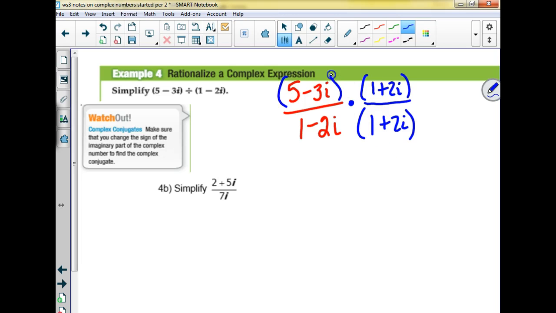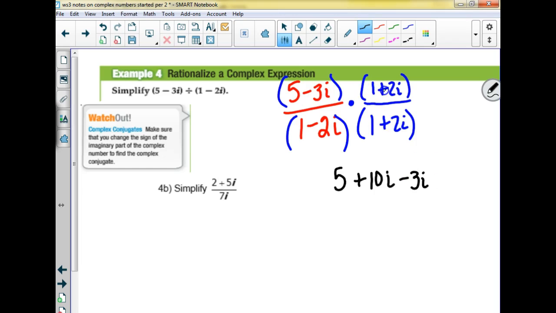All right. Now we have to do a lot of foiling. If you're really good at foiling here, 5 times, I'm doing the top, okay? 5 times 1 is 5. 5 times 2i is plus 10i. Negative 3i times 1 is negative 3i.